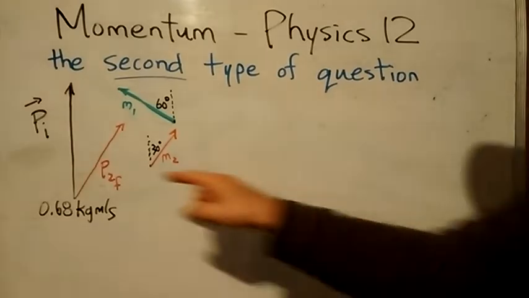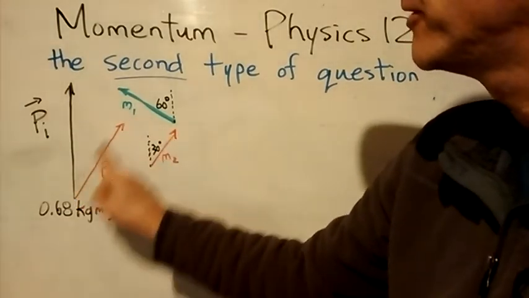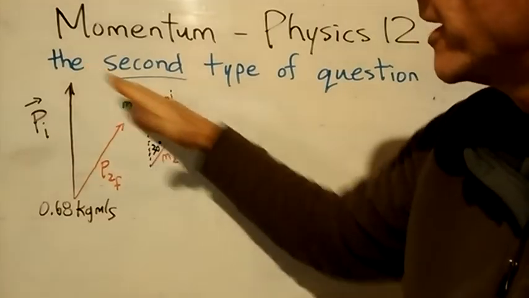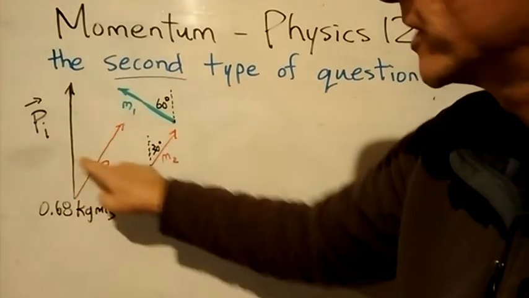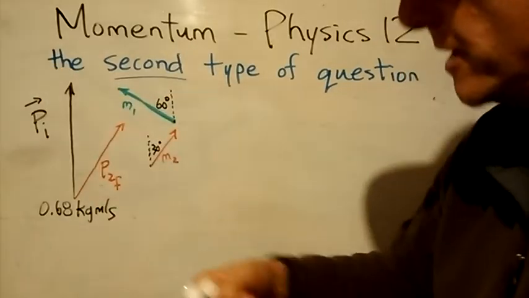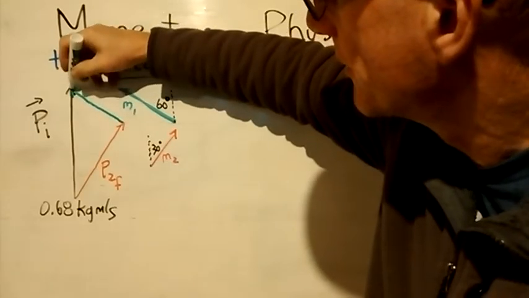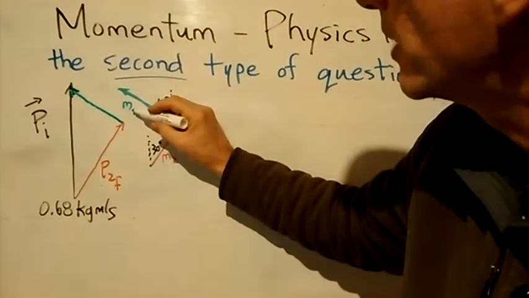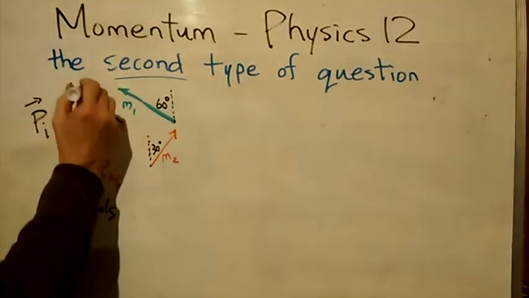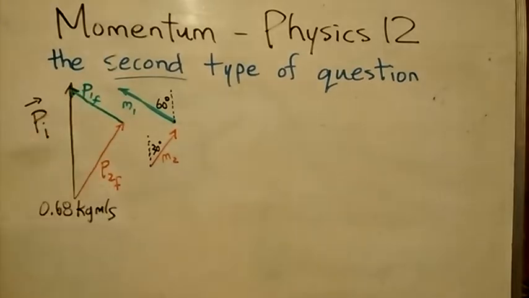Draw in the momentum of M2 final, and it's in that direction, but we know that they're at 90 degrees. So this one's going at 30 degrees, this one's going at 60. It'll be in that direction. So I have to draw at 90 degrees that one, which is P1 final. So right here is P1 final, P being momentum.